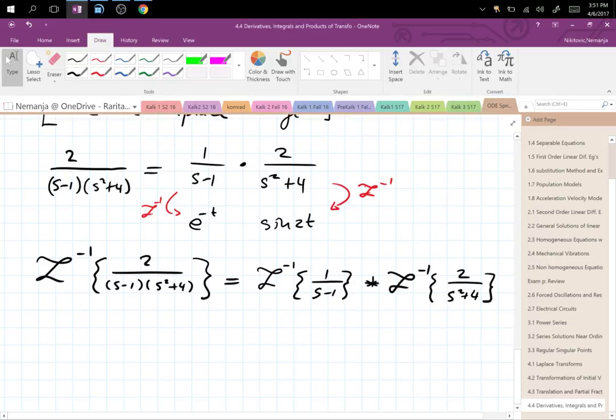So I am applying inverse Laplace on each one individually, and then I'm doing convolution of them. So I'm supposed to take e to the t and convolve that with sine 2t. And that will give me the answer.